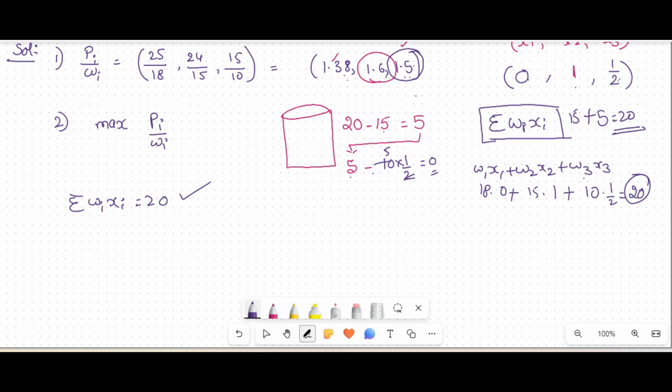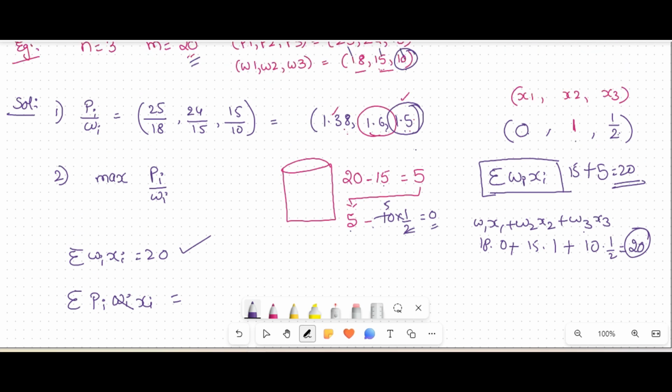The constraint is satisfied. Now what is the profit? The profit here is sigma pi xi, not pi by wi. Now how to calculate this? See the profits here.